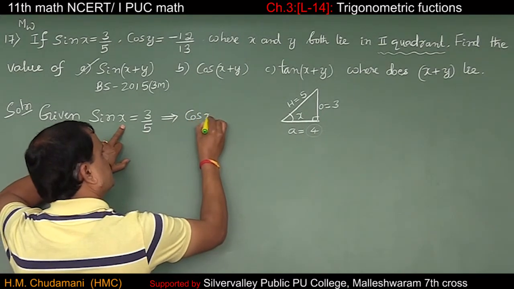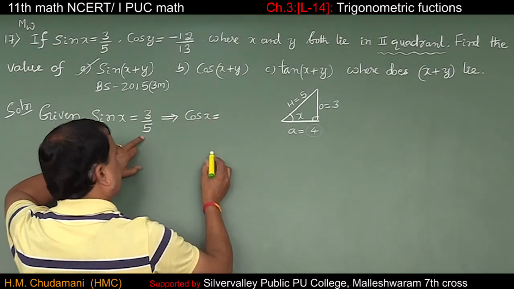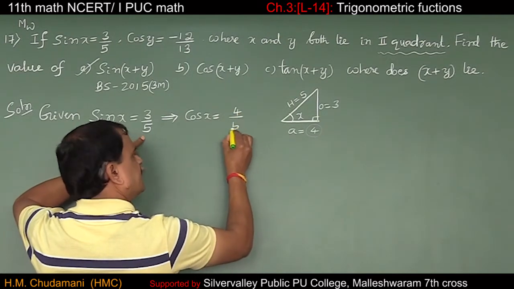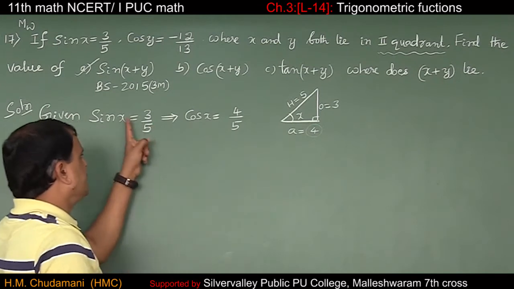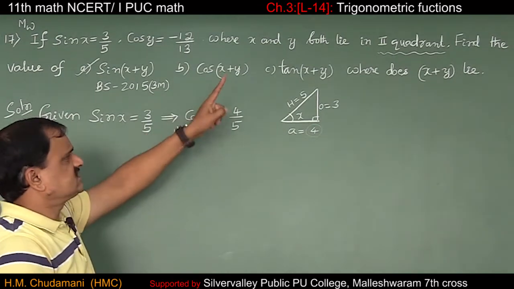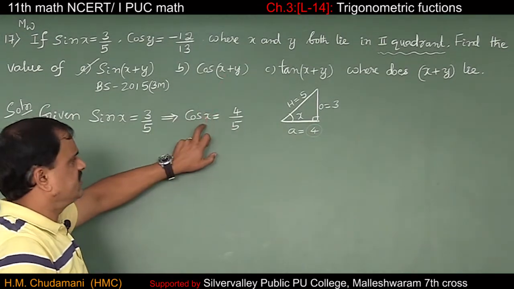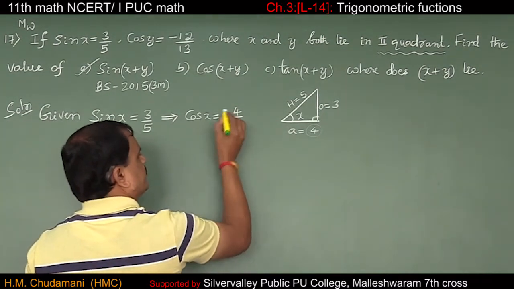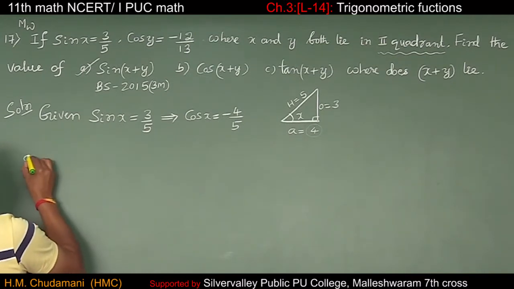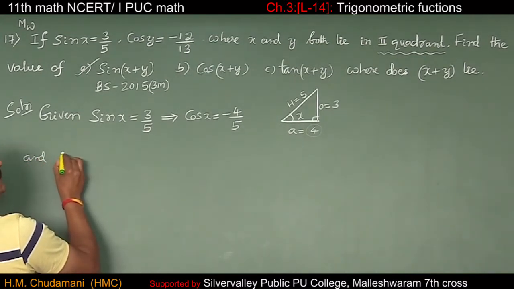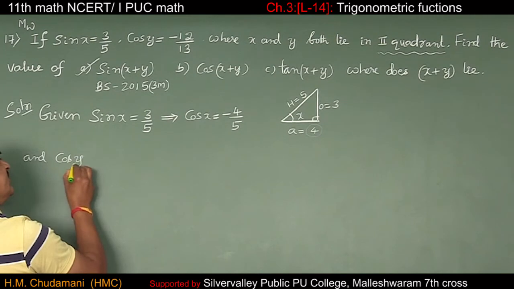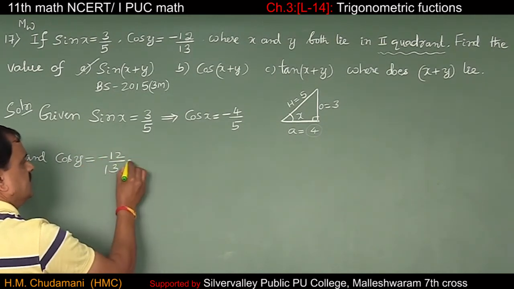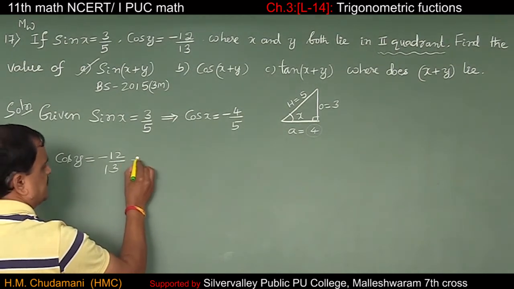Sin x is equal to 3 by 5 means cos x is equal to adjacent side divided by hypotenuse side. Where does x lie? X lies in the second quadrant. In the second quadrant, cos x must be negative, minus 4 by 5, and cos y is equal to minus 12 by 13.